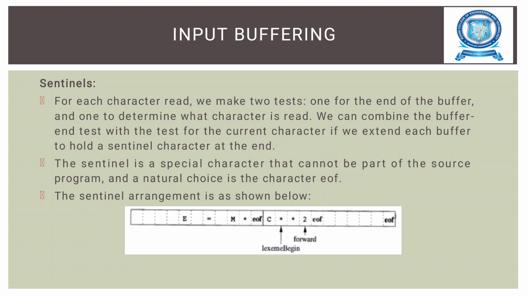When that lexeme is matched with the pattern, the lexical analyzer gives the corresponding token for the lexeme. Between these two pointers, for each read the forward pointer is moved to the next character, one by one. When it encounters a corresponding pattern, it stops the movement.